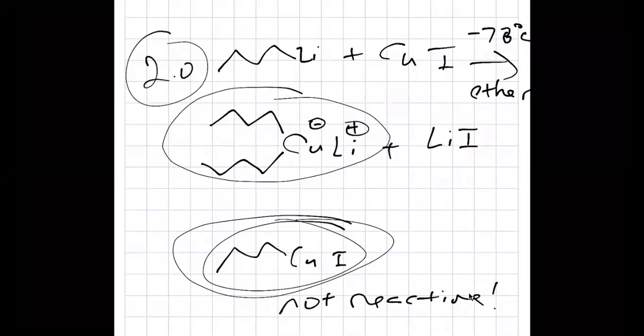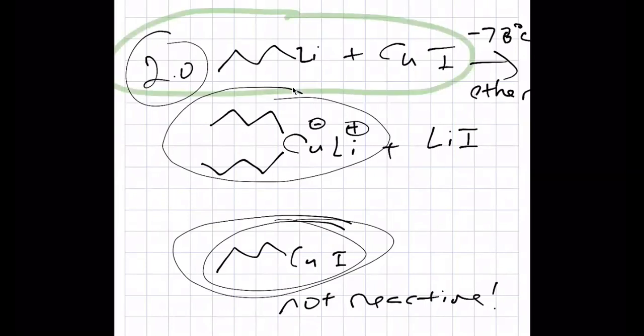That copper lithium, is it the same as the copper lithium above? You just don't show the chain. No, no. This is what you start with to get to here.